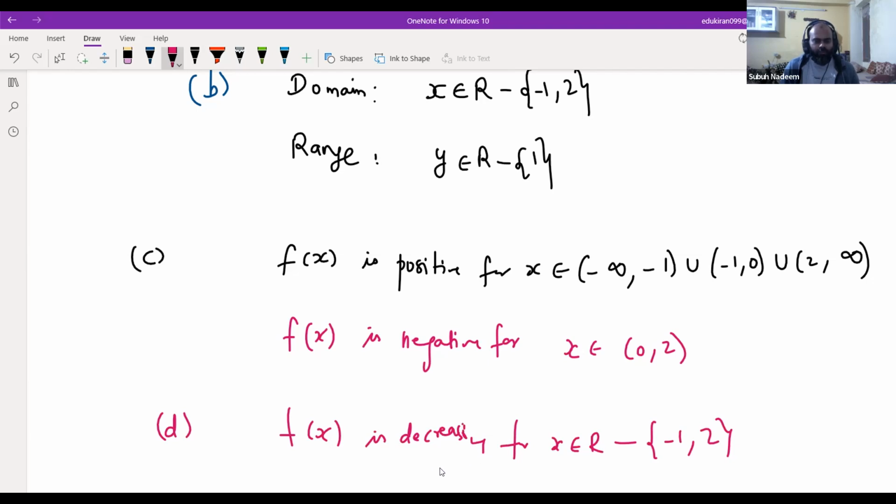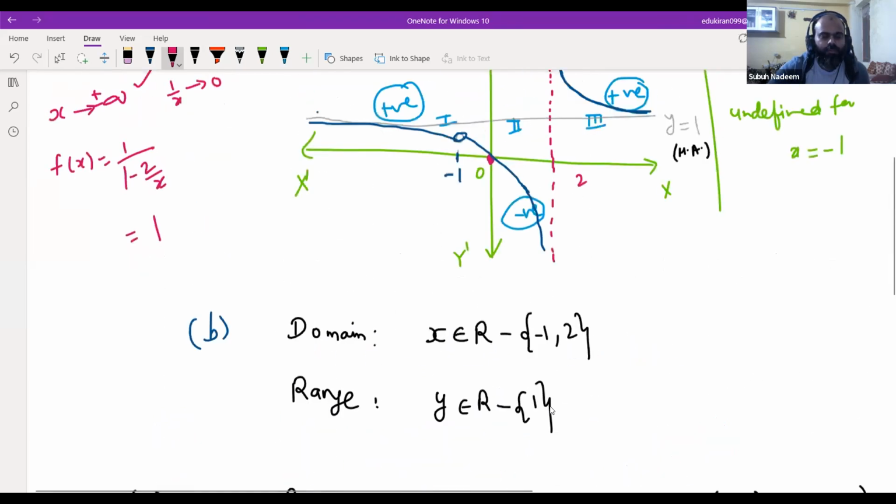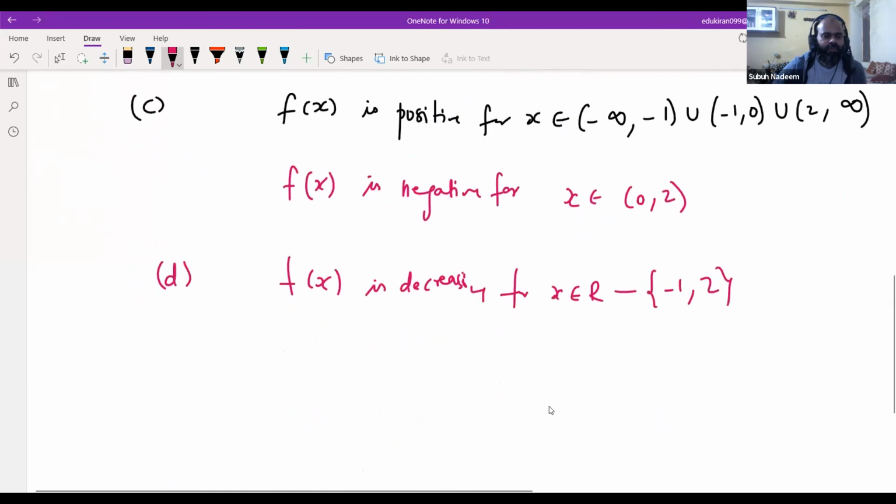What is the next one? Where f of x is increasing and where f of x is decreasing.